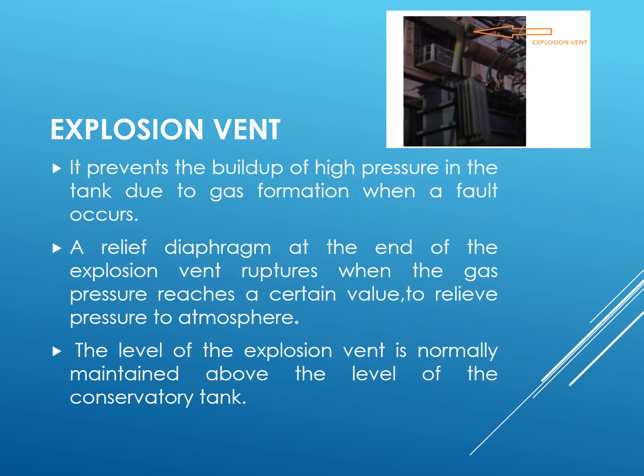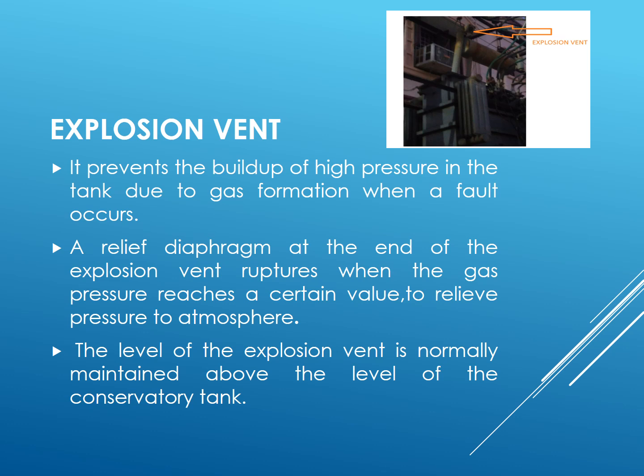Next, the explosion vent is usually used to prevent damage to the transformer tank by releasing any excessive pressure generated inside the transformer. Actually, this is a bent pipe with thin aluminum diaphragms at both ends, at the top and bottom, and the diaphragm breaks and releases the rapid pressure from the tank, thus saving the tank from bursting. Otherwise, severe damage occurs.